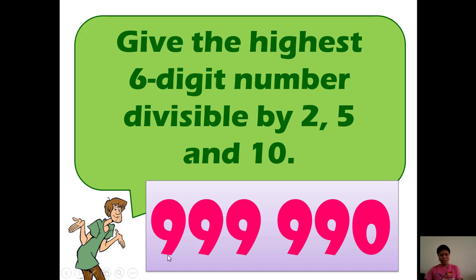Obviously, since there are 6 digits, we are going to write 1, 2, 3, 4, 5, 6 digits, and we are going to write 9 on the first digits, and on the ones digit, we are going to choose a number which will satisfy the condition divisible by 2, 5, and 10, and that number is 0. Therefore, the highest 6-digit number divisible by 2, 5, and 10 is 999,990.